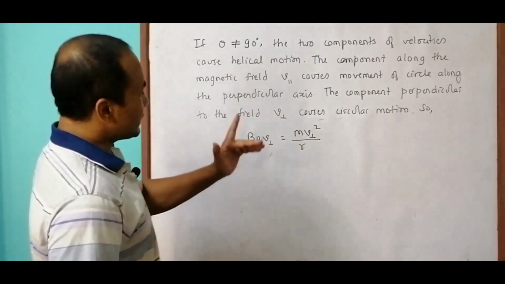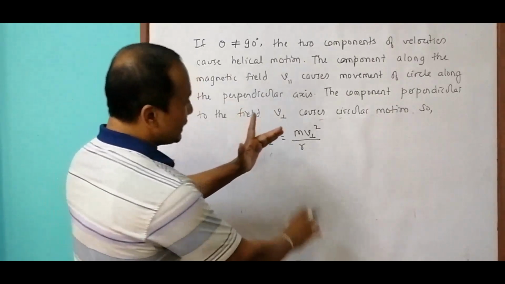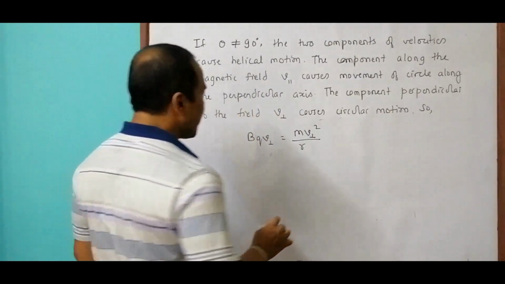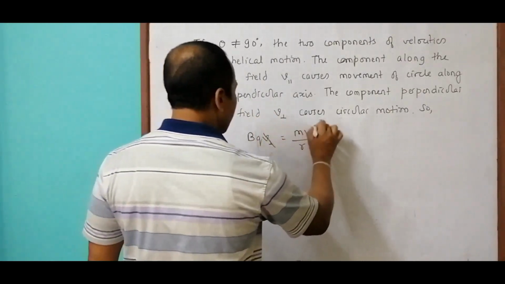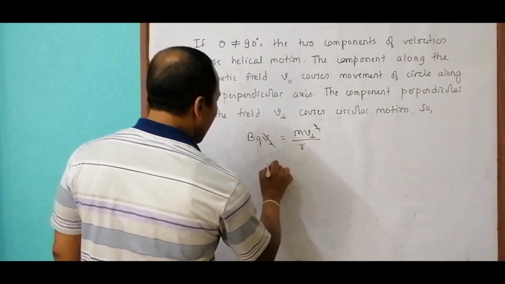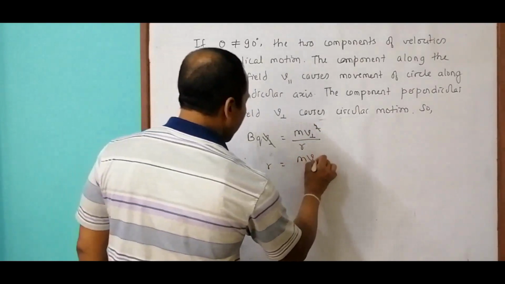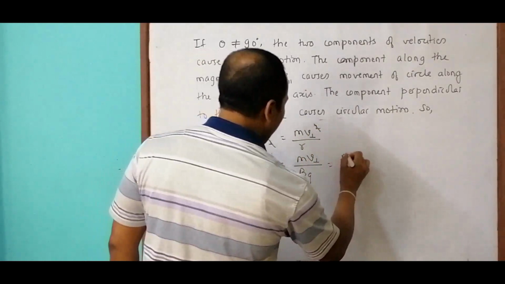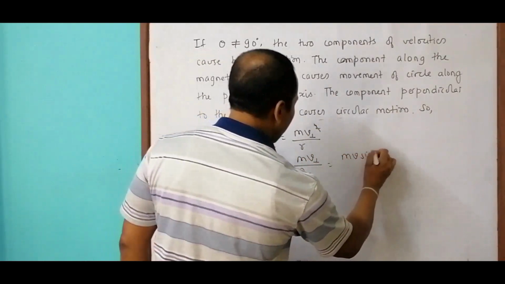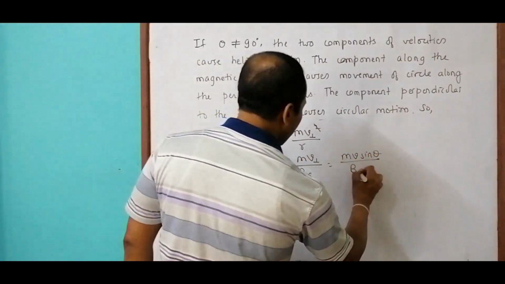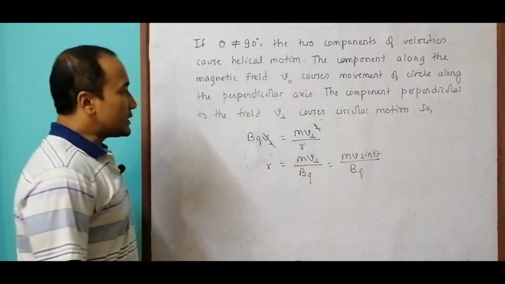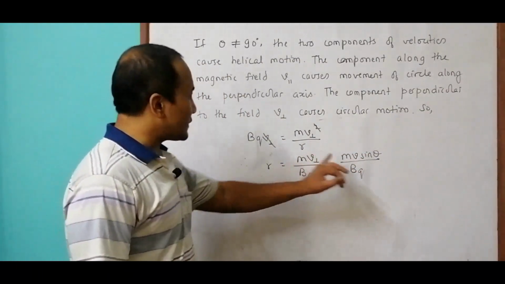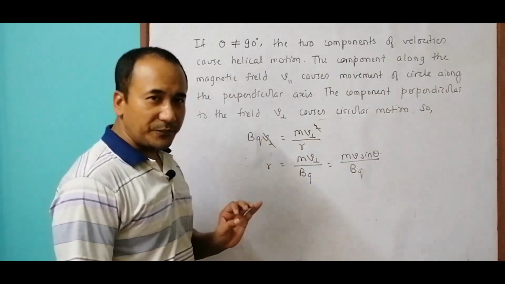It is just this component, which is perpendicular to the magnetic field. So this and this cancel, which gives us r is equal to m V perpendicular by BQ, equal to m V sine theta by BQ. This is the radius of the circle.